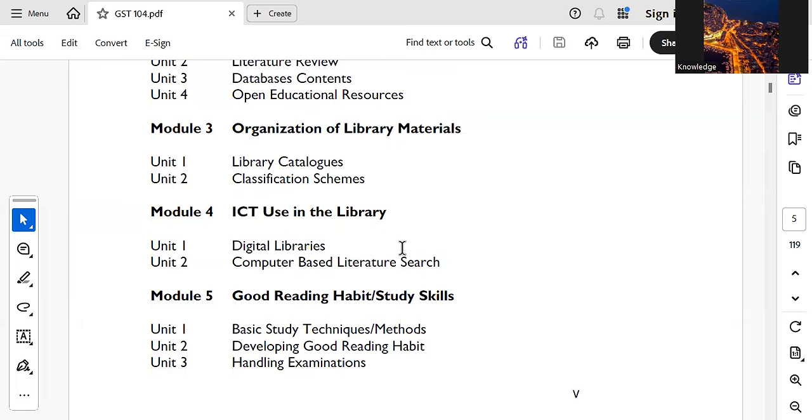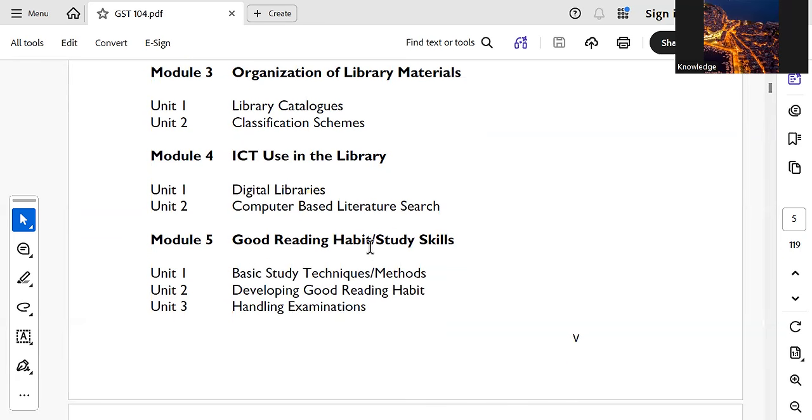How has it enhanced the operations of the library? So we're going to talk about digital libraries and then computer-based literature search. It's one of the advances in technology. We have digital libraries now, and we have computer-based literature search.